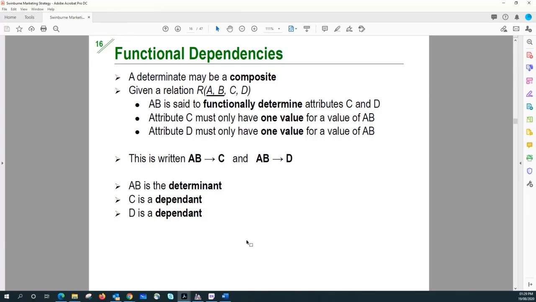So in this case, for example, if I underline these two, that means A and B combined functionally determine the values of C and the values of D, right? So how can we write that? We can write something like here, right? AB functionally determines value of C, AB functionally determines value of D, right? So the determinant in this case is AB, so that means the composite. C is a dependent and D is dependent as well, right?